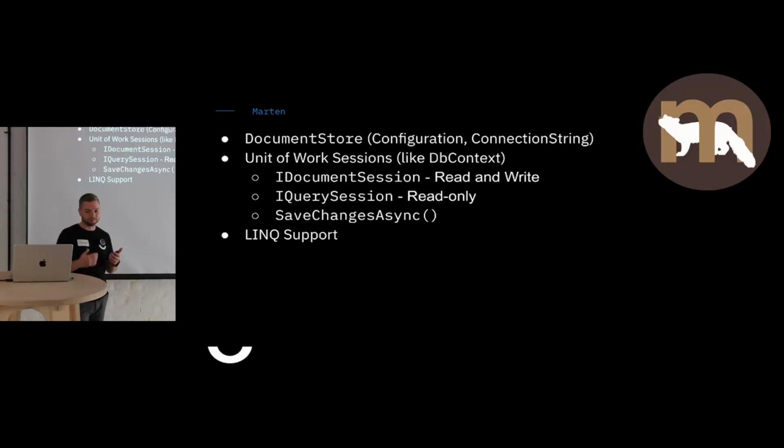So the ideas are quite familiar to us. And the implementation also, we have an IDocumentSession, which allows us to read and to write. And we have an IQuerySession, which actually can be only used for read-only operations. Then SaveChangesAsync for executing transactions, and it also offers LINQ support.